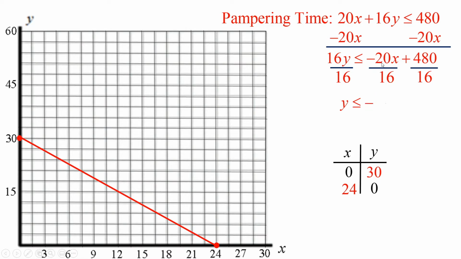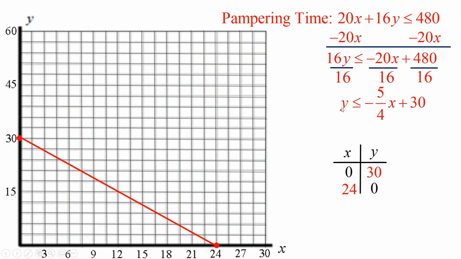And can we reduce the fraction 20 over 16? Well, 4 goes into 20 5 times, and 4 goes into 16 4 times. So that would be negative 5 over 4, and don't forget that x. And then you have plus 480 divided by 16, and 480 divided by 16 is 30.